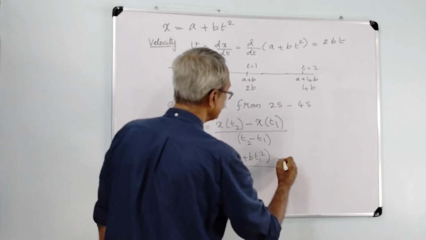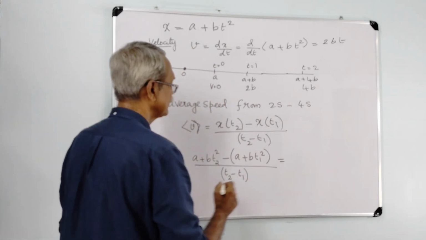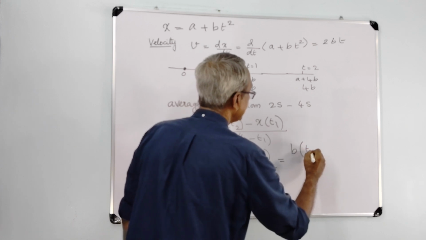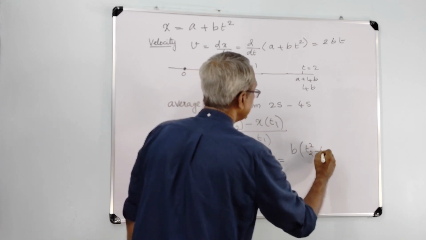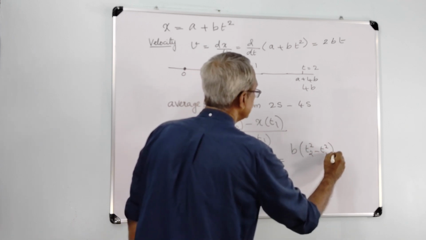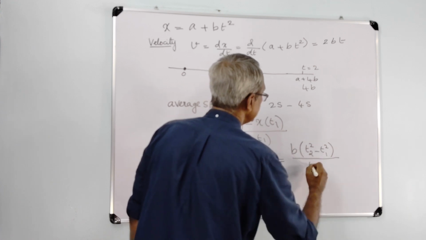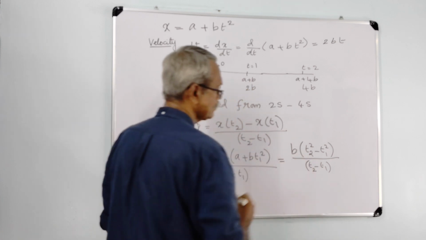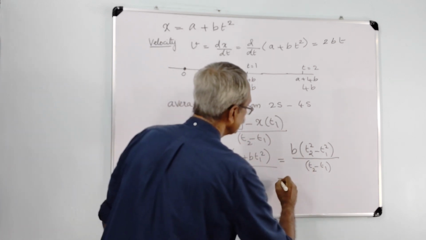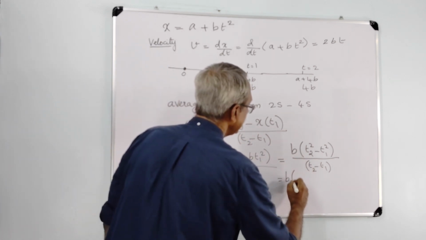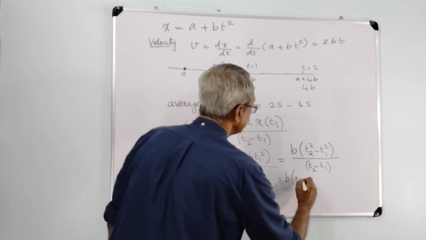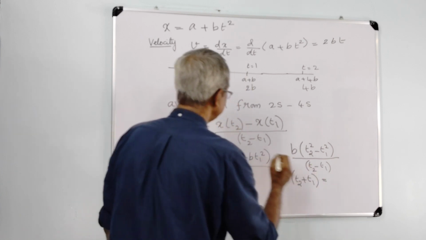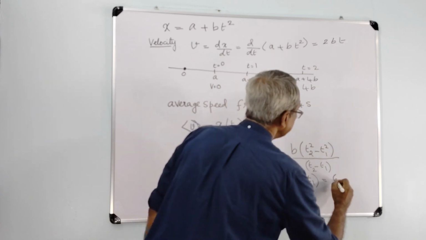That is equal to, a will cancel, b can be taken out, b multiplied by t2 squared minus t1 squared divided by t2 minus t1. That is equal to b multiplied by t2 plus t1. This is 6b.